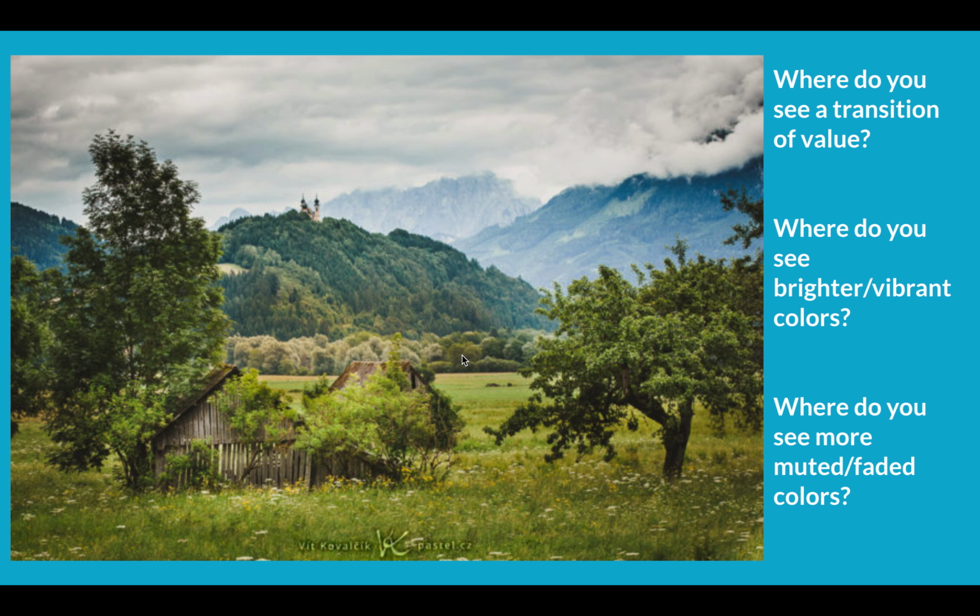We don't see those dark greens and bright highlights quite as much because these are further away. They're a little bit more muted. And then especially when you get back in here, the shift in values between these greens is really minimal. And when you get all the way back here, it's almost the same color of blue-green. And the same with back here, there's just a slight shift in value in the background.